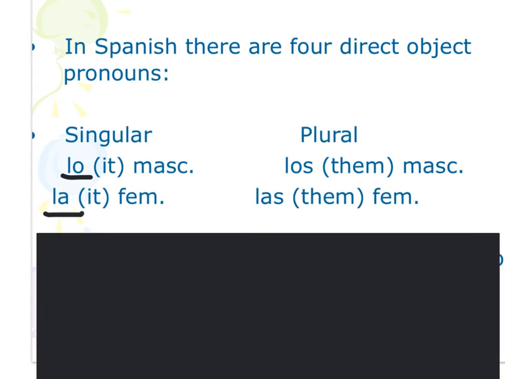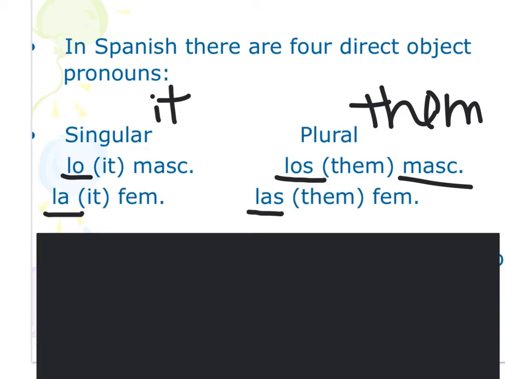We're moving on to the plurals. Your masculine plural direct object pronoun is going to be los, and your feminine plural pronoun is going to be las for them. So remember, this is it, and this is them. The way that you choose if it's masculine or feminine depends on the word. So we know that, for example, our direct object noun would be el bolígrafo.